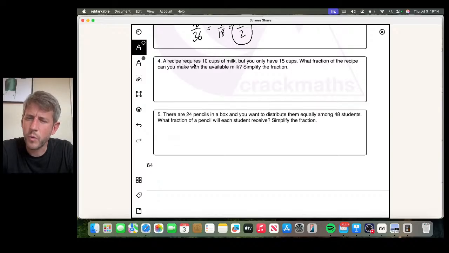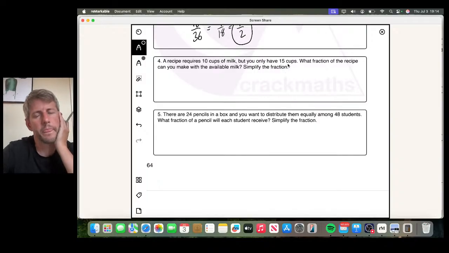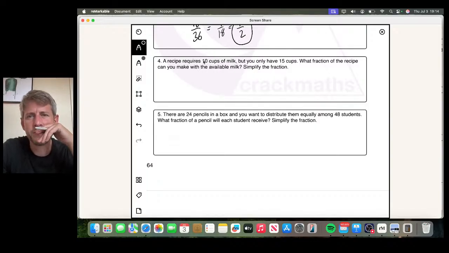A recipe requires 10 cups of milk, but you only have 15 cups. That doesn't really sound right, does it? I think it should be the other way around. A recipe requires 15 cups of milk, but you only have 10 cups.